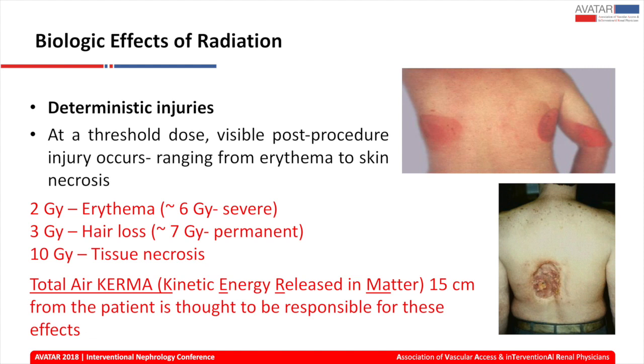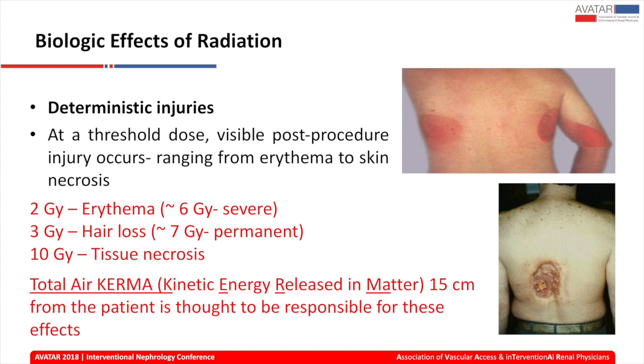Deterministic injuries are related to a threshold dose of radiation. If you expose beyond that threshold, you can cause a post-procedure injury, sometimes visible right after the procedure as erythema of the skin, as you can see in this picture.